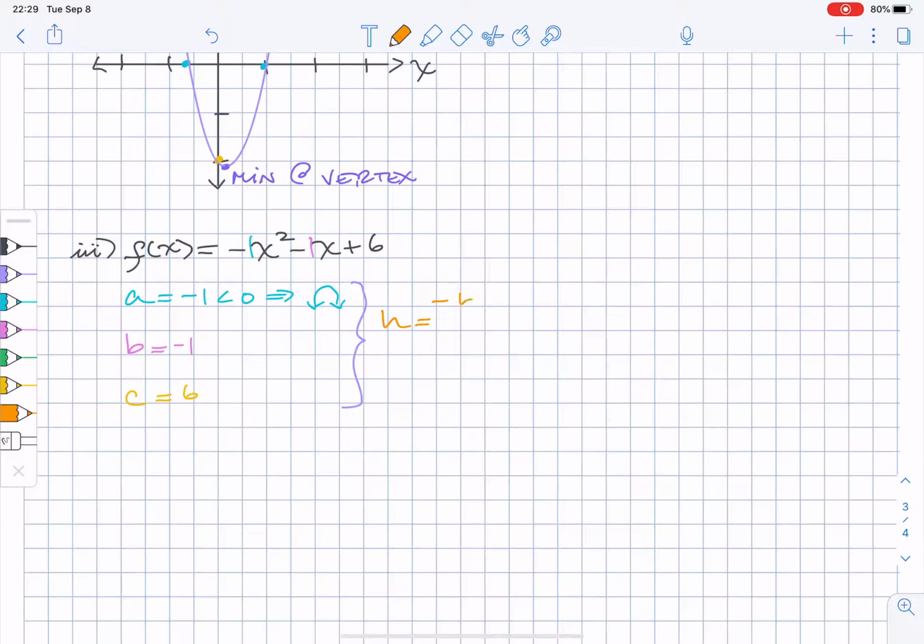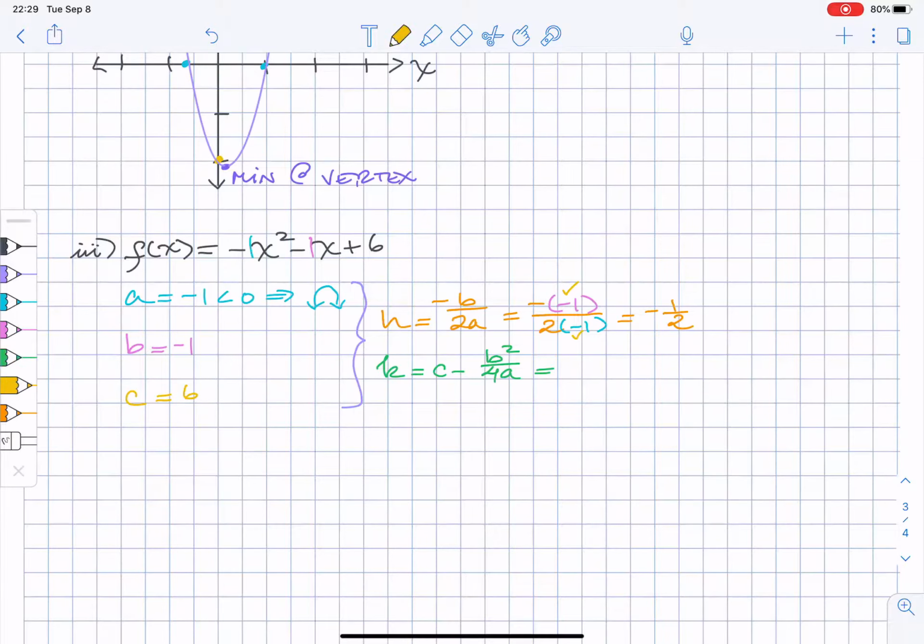So these together imply that H, which is -b over 2a, will be the negative of -1 all over 2 times -1. So the negatives reduce, and we're just left with -1/2 for H. So K, however, is C minus B squared over 4A.